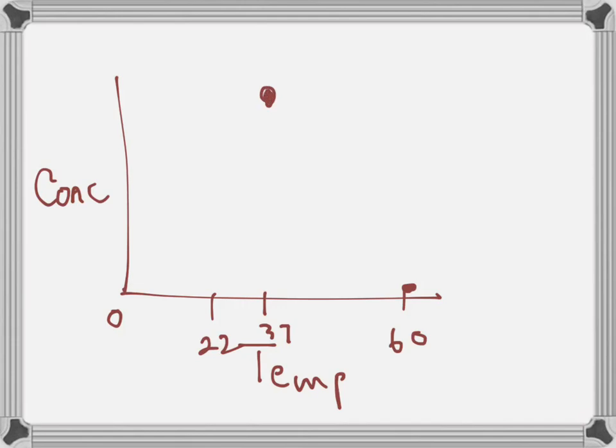Maximal at 37, and at 22 there might be some growth. Okay, and if we were to connect these, then it looks something like that, roughly. This is typically what we see in the book. And this is what you guys will actually be graphing when you look at your particular unknowns.